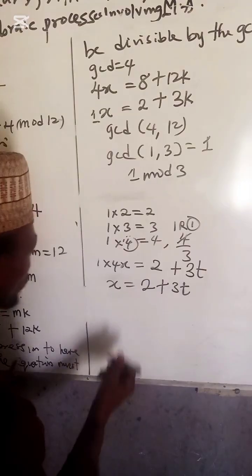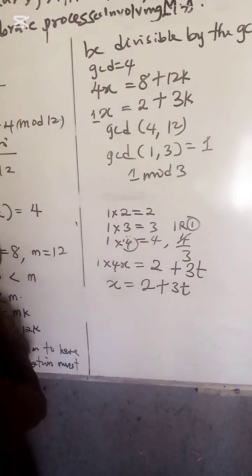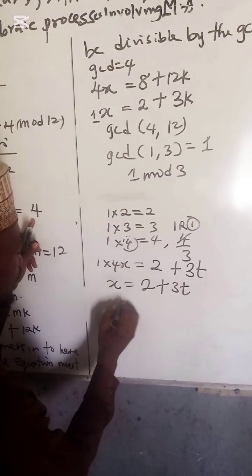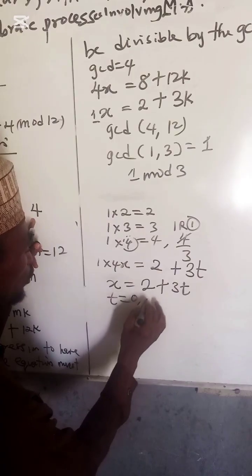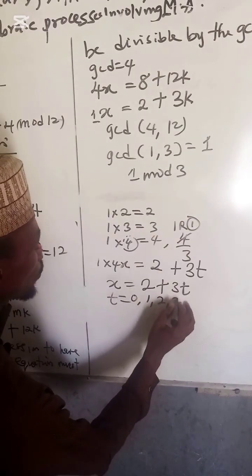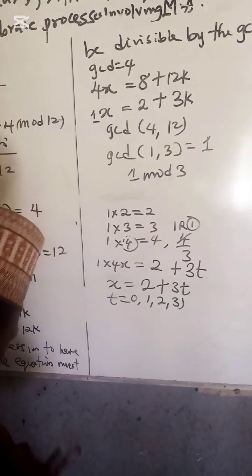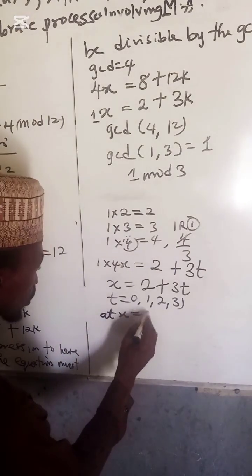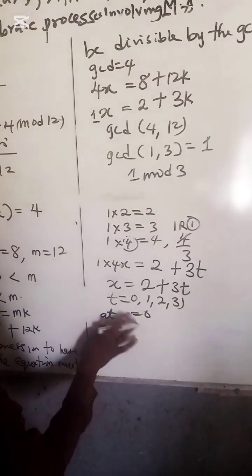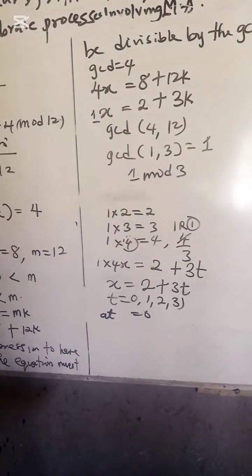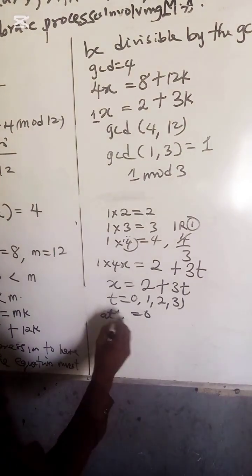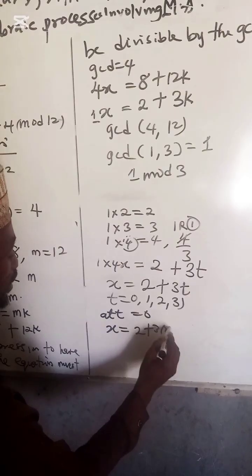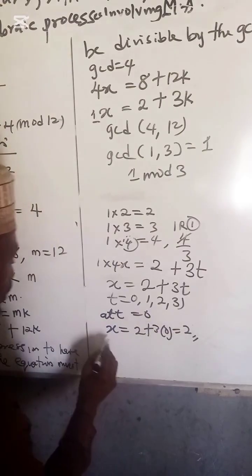Now, remember GCD originally gives you 4. So we are working with t as 0, 1, 2, 3. At t equal to 0, x equals 2 plus 3 times 0, so you have 2.